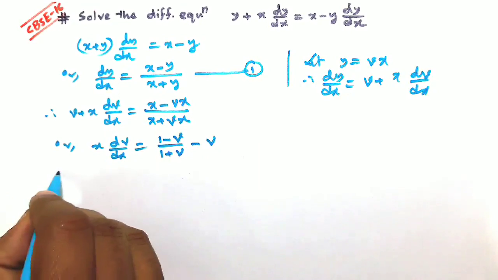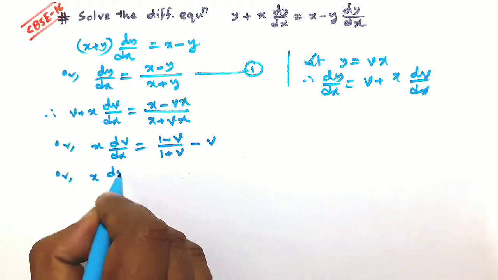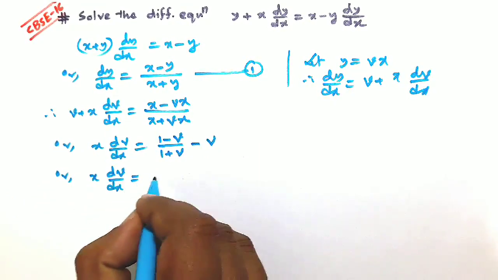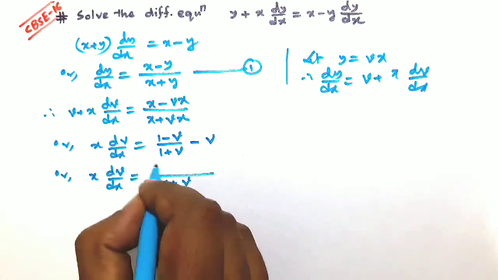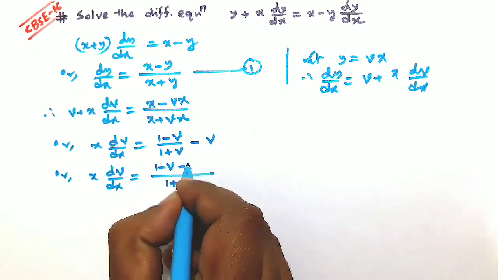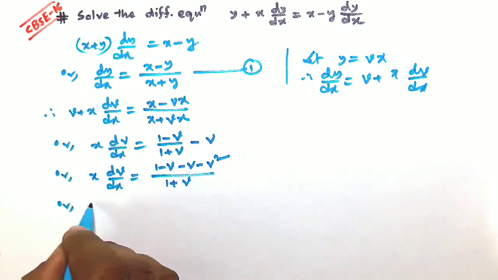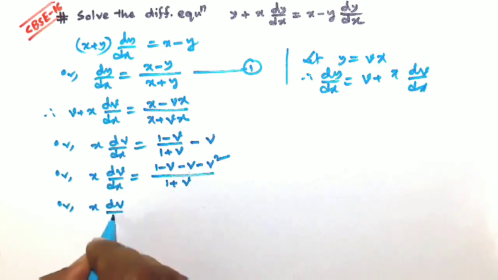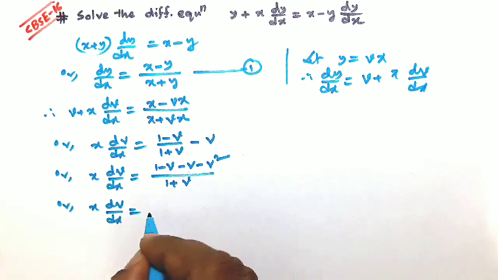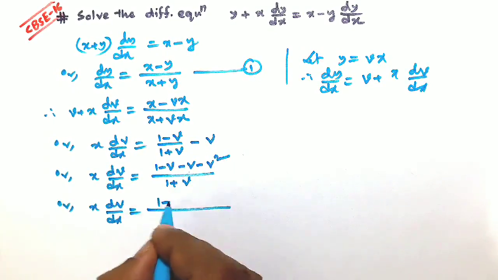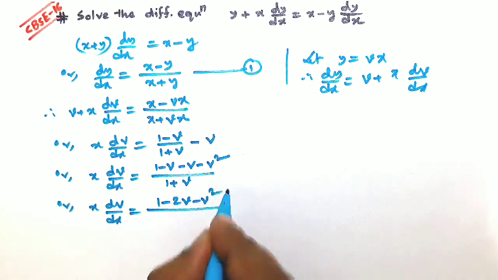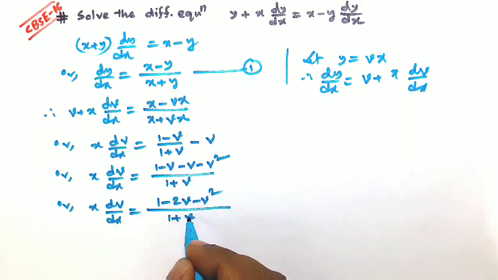So we can take an LCM here. x dv dx is equal to 1 plus v into 1 minus v minus v minus v square, or we can write x dv dx is equal to 1 minus 2v minus v square upon 1 plus v.